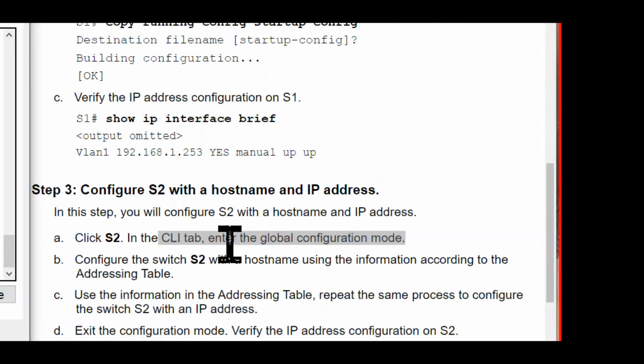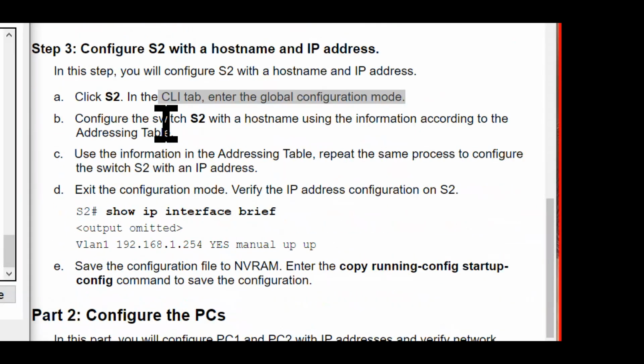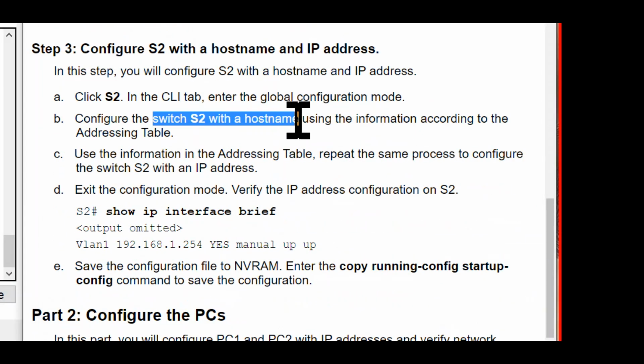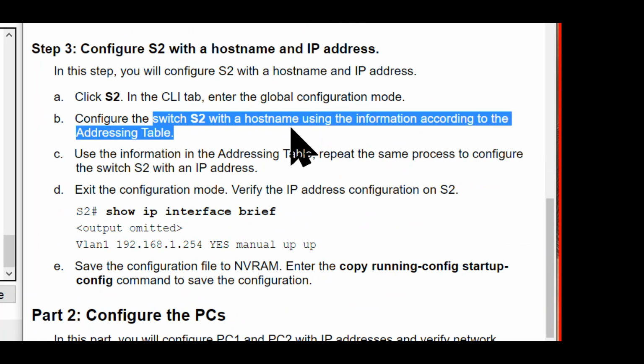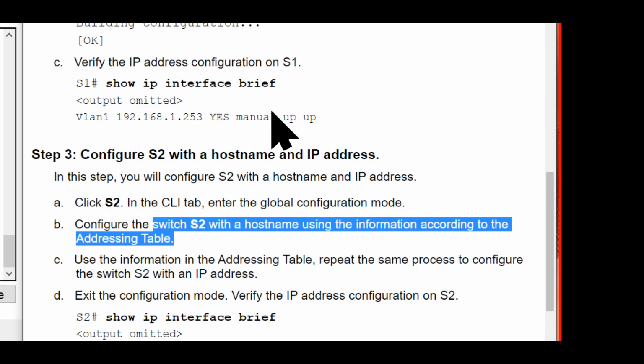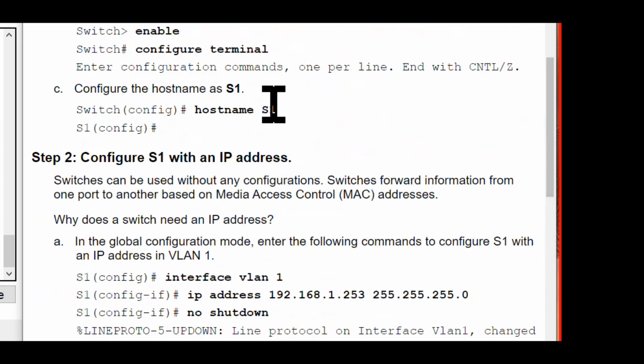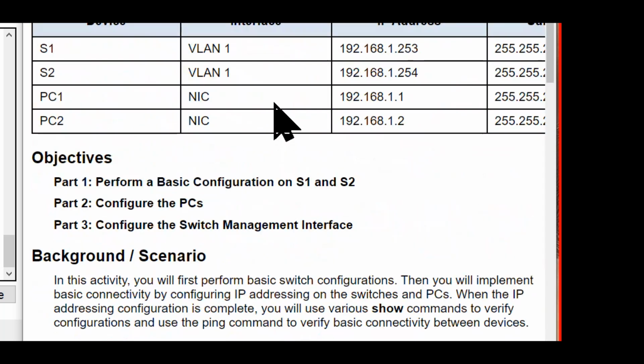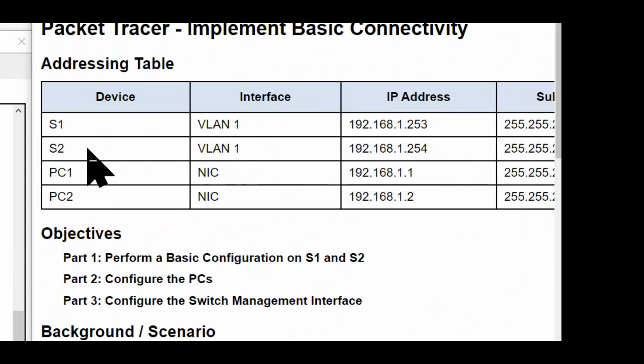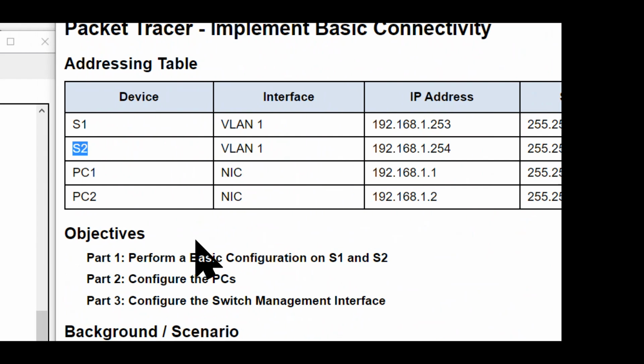Next, we are done with A, so let's go on to part B. Configure the switch S2 with a host name according to the addressing table. So the addressing table is provided at the top of the sheet. So let's go up. For switch 2, the host name is S2 also.